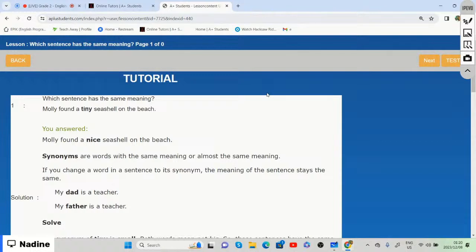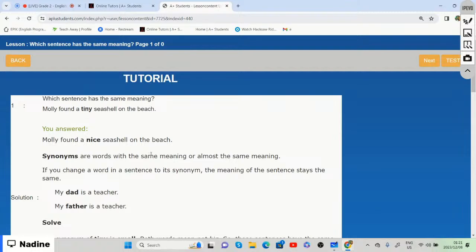Now, it says Molly found a tiny seashell on the beach. So now, if we look at the sentence, we need to ask ourselves, how are we identifying the synonym within that sentence?